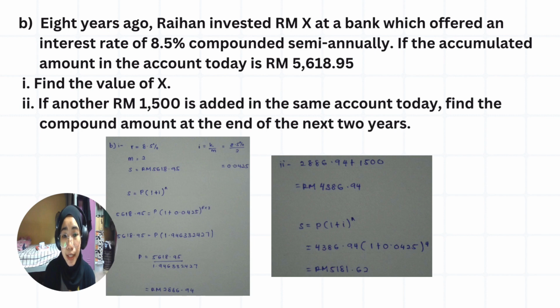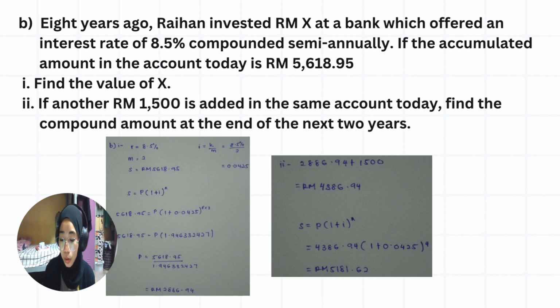For the next part, if another 1,500 is added in the same account today, find the compound amount at the end of the next 2 years. 2,886 ringgit 94 cents plus 1,500, and we can get 4,386 ringgit 94 cents.